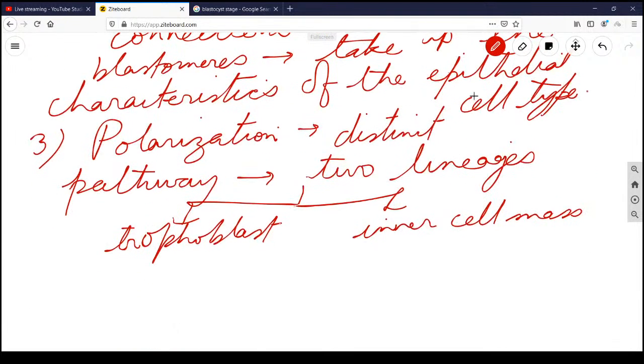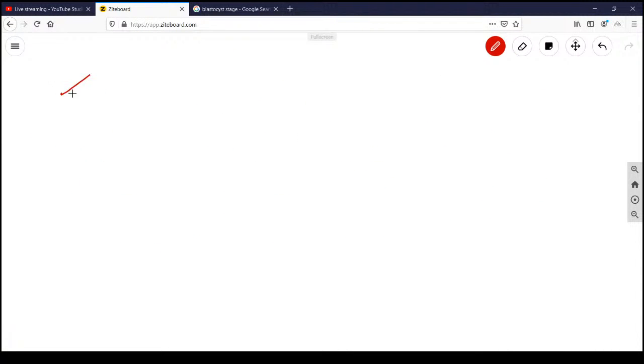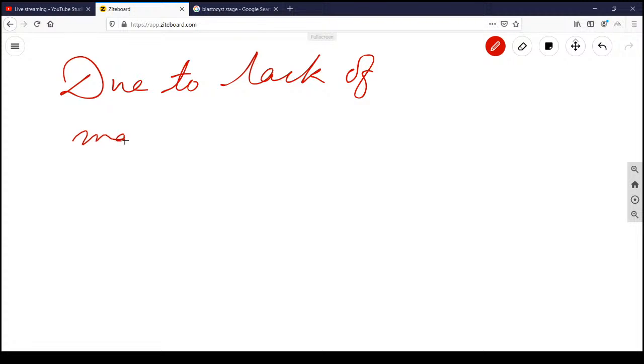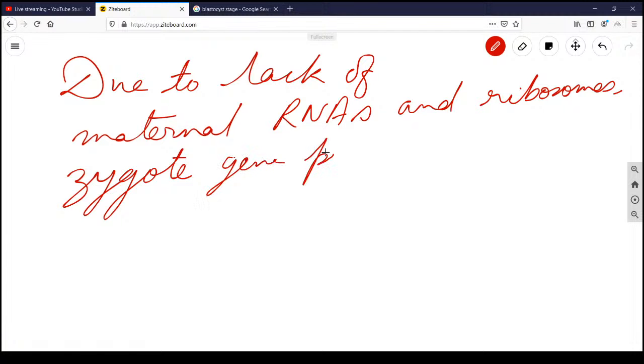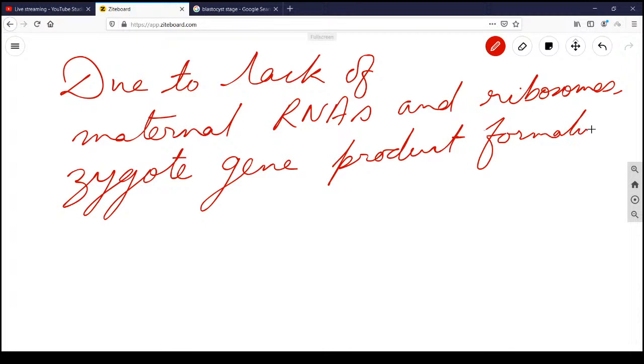So due to lack of maternal RNAs and ribosomes, the zygote gene product formation becomes significant.